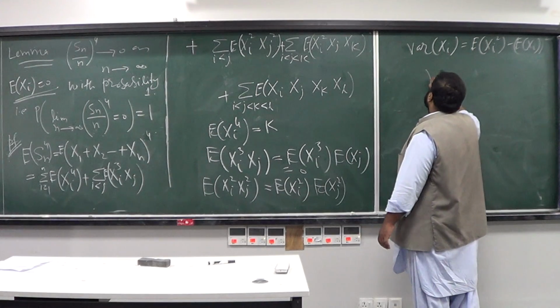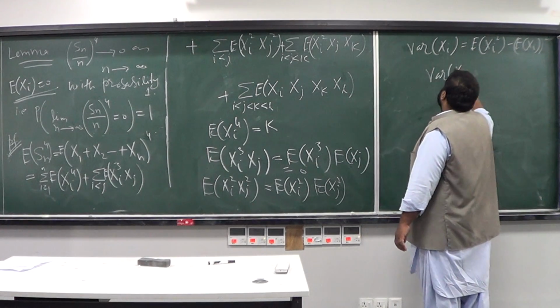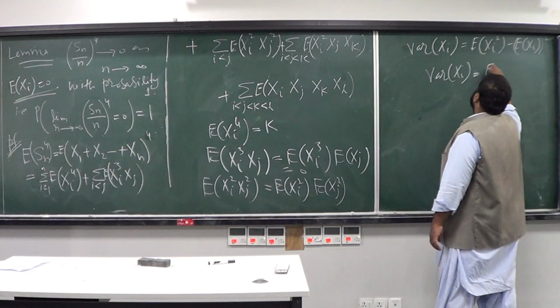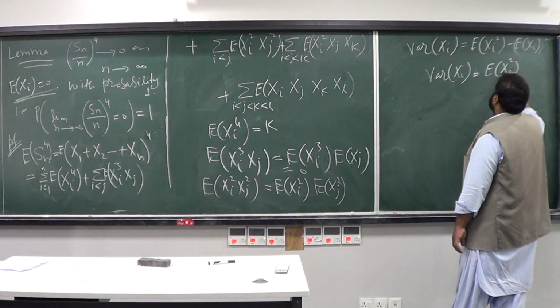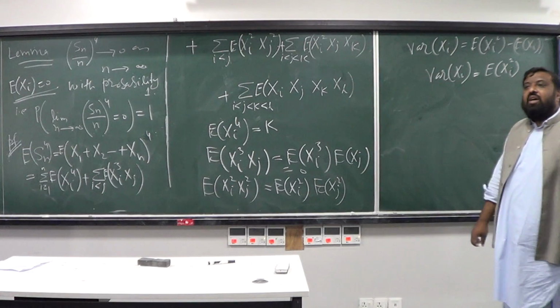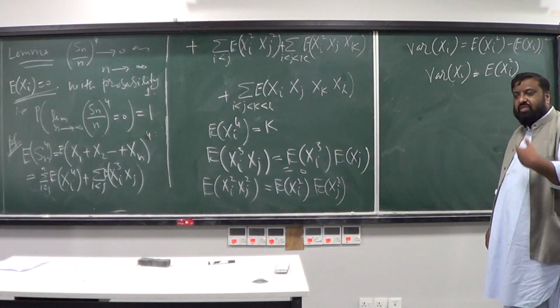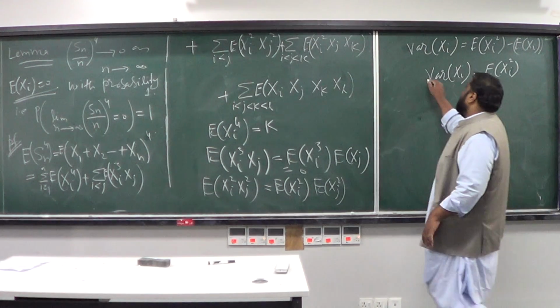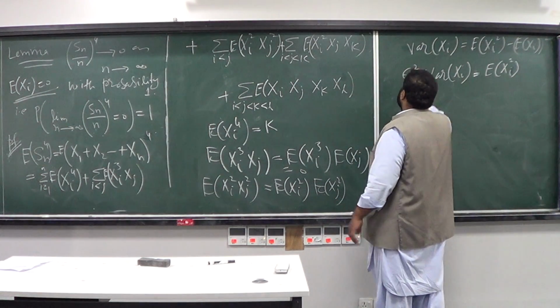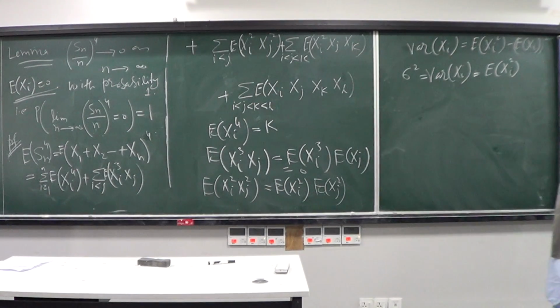So this means the variance of xi is equal to the expectation of xi square. And since your sequence of random variables is identically distributed, these variances are going to be equal to each other. They are going to be the same, so let's call it sigma square. So the expectation of xi square is sigma square.